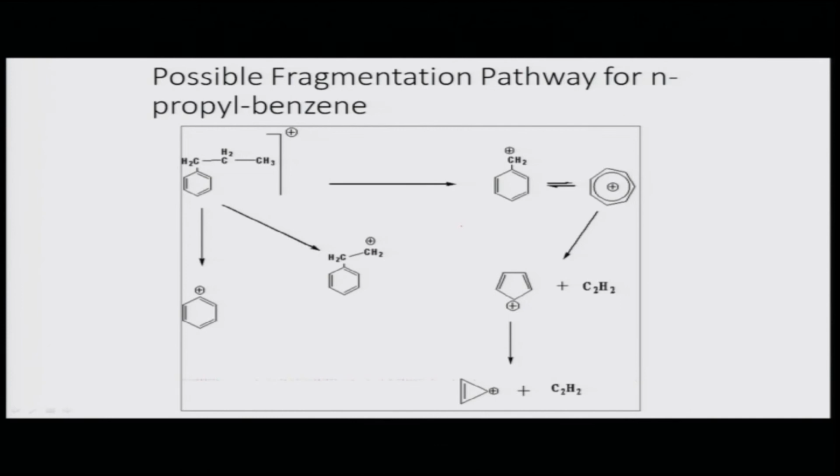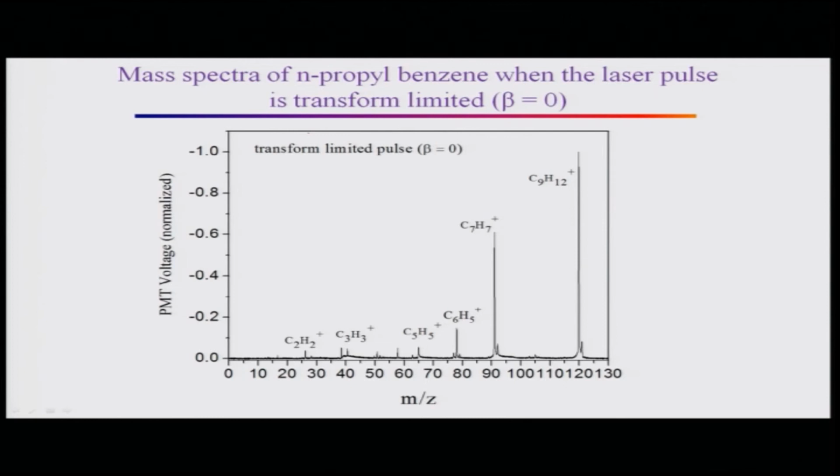Now, what was noticed, very interestingly, is that the fragmentation pathway for a simple enough molecule, N-propyl benzene, depended on the frequency content of the laser used for this fragmentation, and that resulted in different fragmentation ratios.